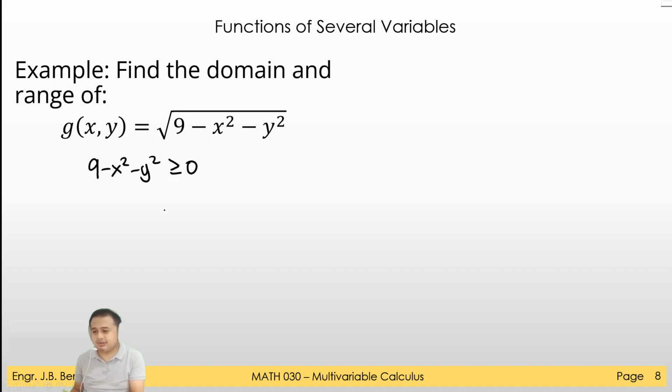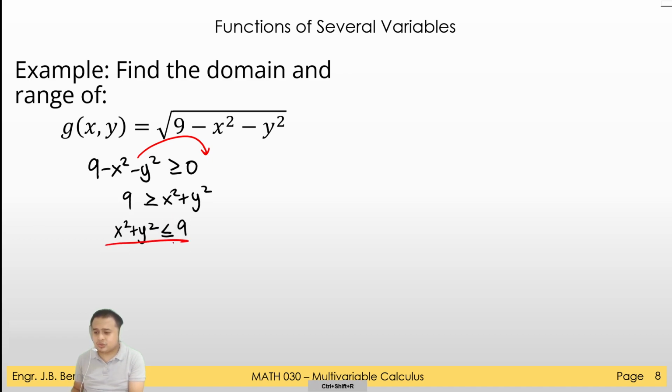If we simplify this, we transpose to the other side: x squared plus y squared is less than or equal to 9. So this will be your domain, or you can write this the other way around.